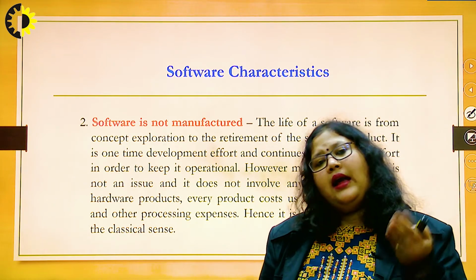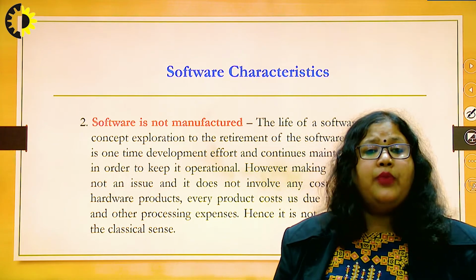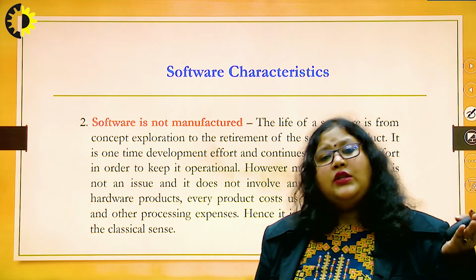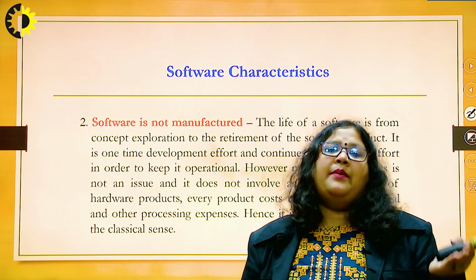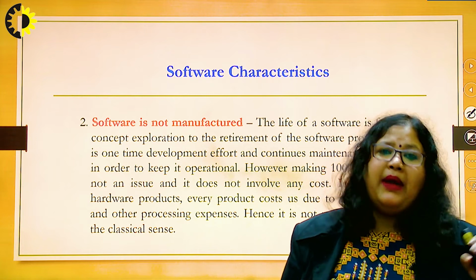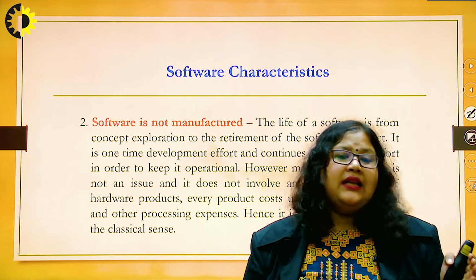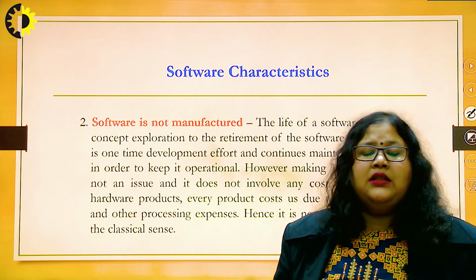But with hardware, when we produce any hardware product, we don't make copies of that particular product. Suppose we require 100 copies of the benches and we develop a single bench, we don't take copies of these benches because these are useless.